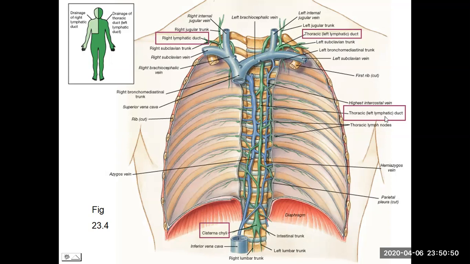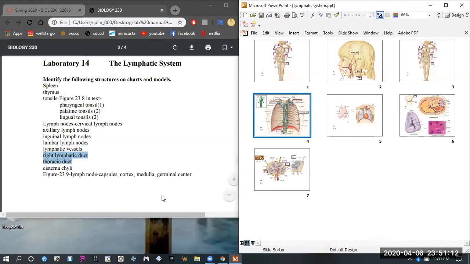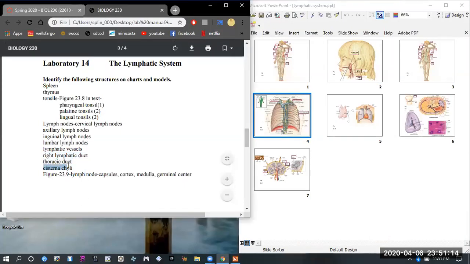And you notice that it starts in the thoracic cavity, and it curves to the left side. And it's at the inferior end of the thoracic duct, the enlarged area seen here, this term cisterna chyli. The cisterna chyli, the base of the thoracic duct. And we see the term here.